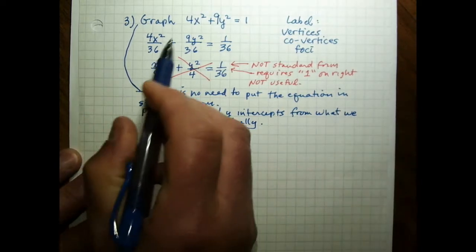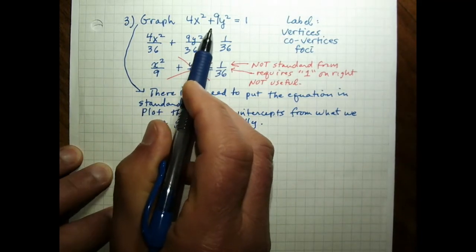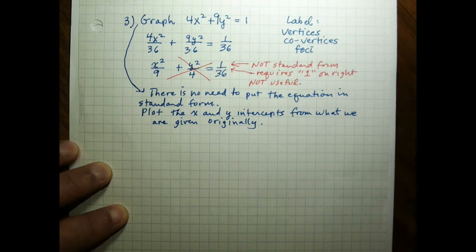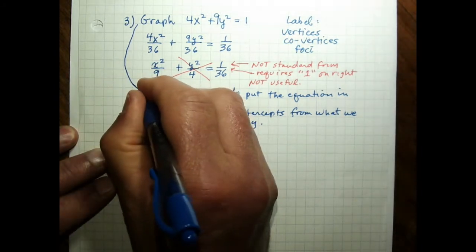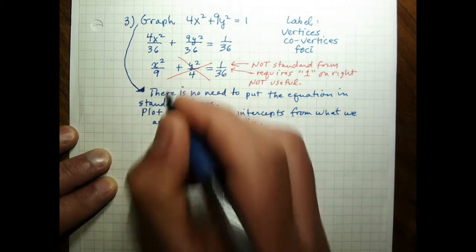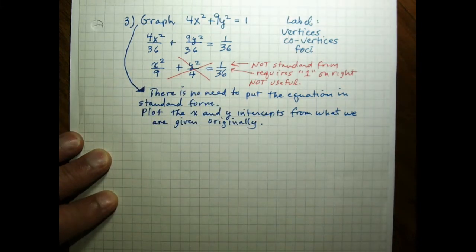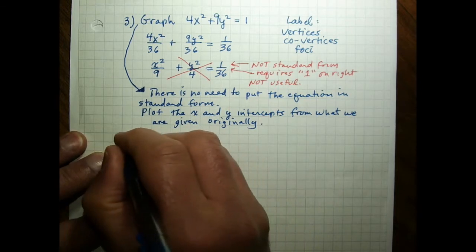So I'm just going to go ahead and work with that 4x squared plus 9y squared equals 1. And I think we're going to get all the way through the graph that way. At the end, we might go back and talk about what standard form for this equation would look like. But let's start trying to find these intercepts.